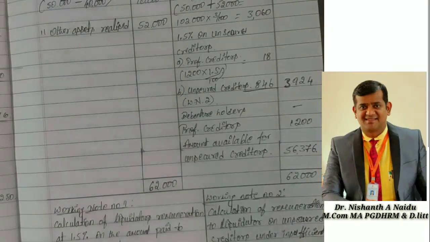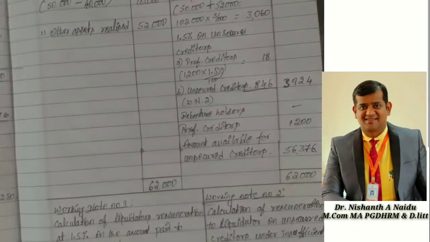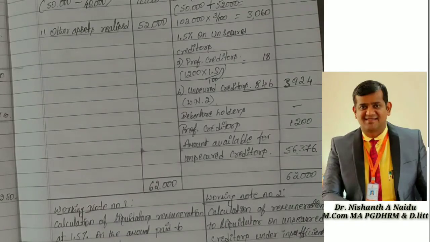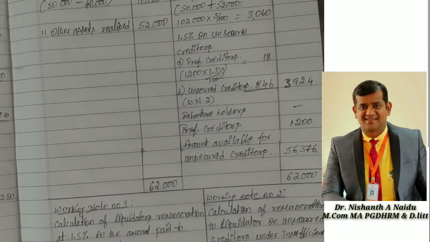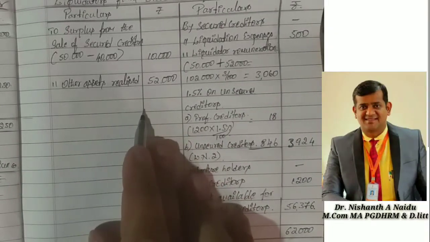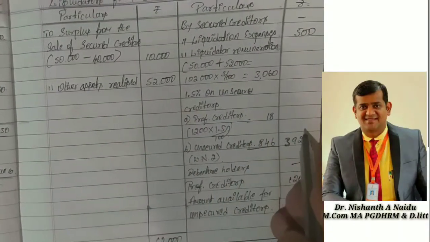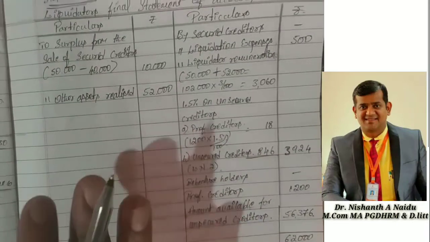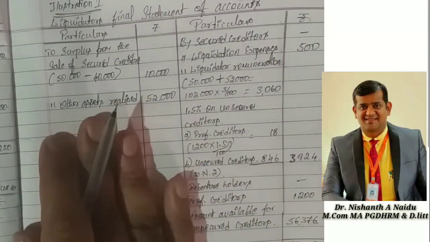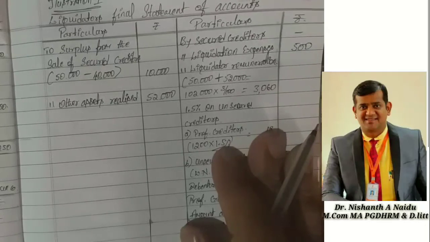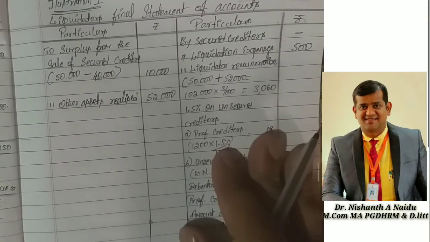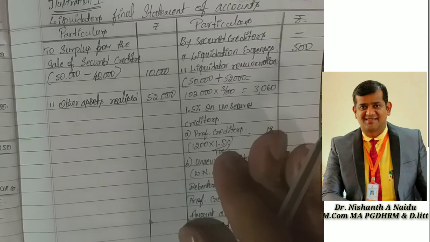With very little adjustment, very few points, I have done this problem so that you understand where we are going to write assets realized value and where we are going to write the payment. Clear? It is very simple. Whatever asset is sold, you write in the debit column. Whatever payments are made, you write on the credit side. The only part here where you have to be a little more conscious is calculating the liquidator's remuneration.